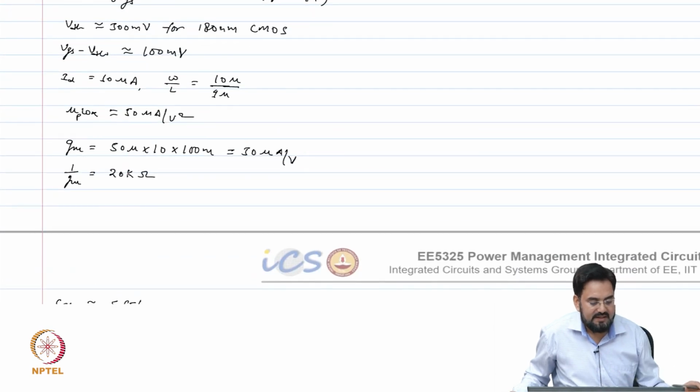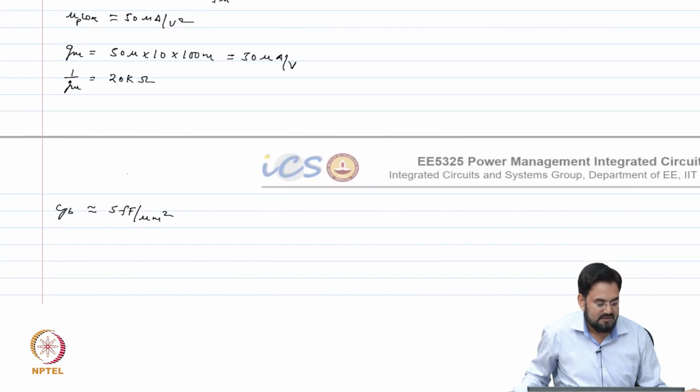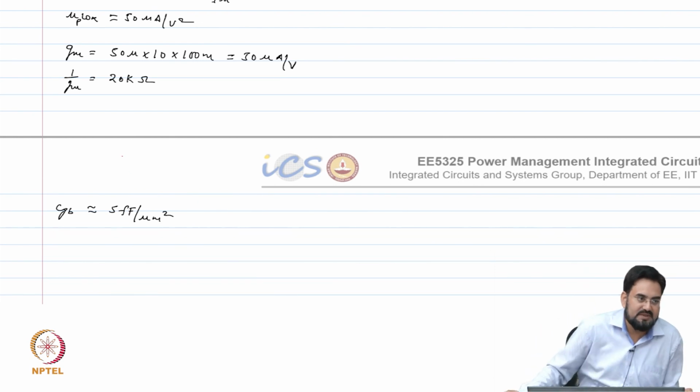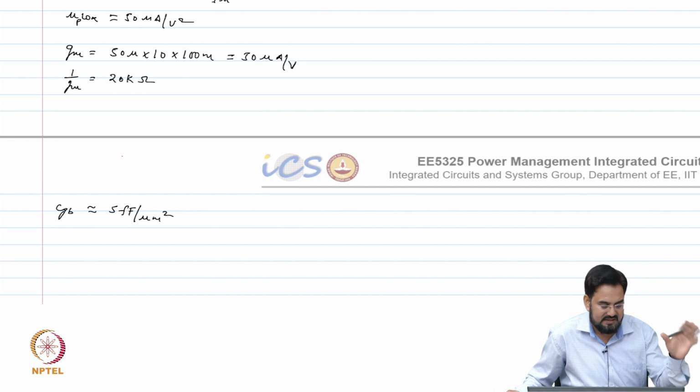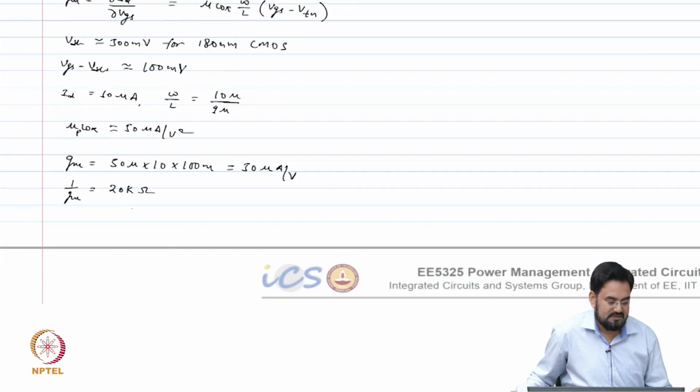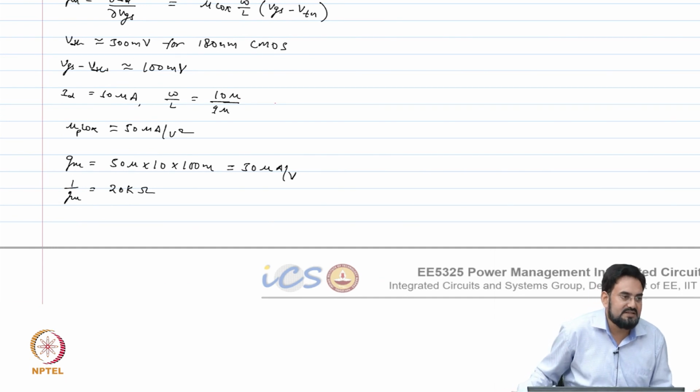Now you know the area. I am ignoring the overlap cap because that is going to be smaller, roughly less than 1 femtofarad. So, 10 multiplied by this. Your area is 10, 10 is the width and 1 is the length.